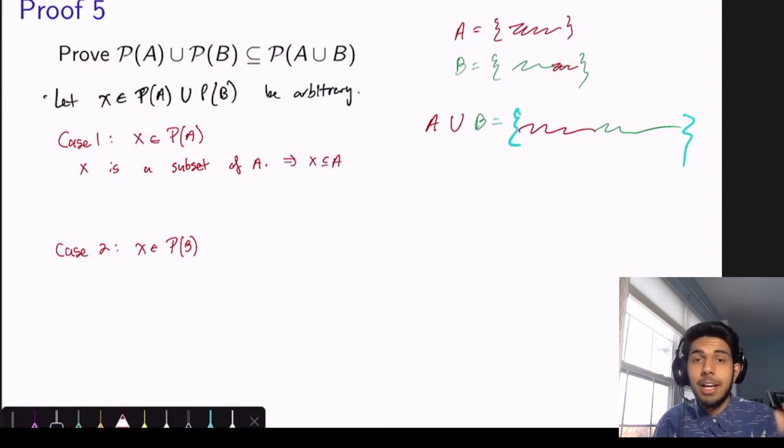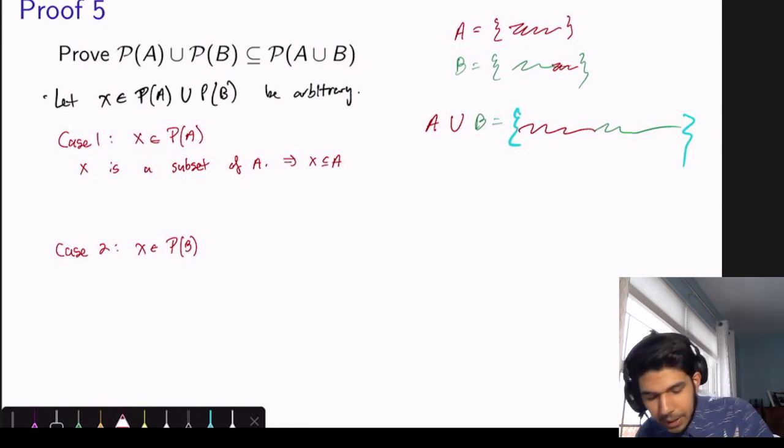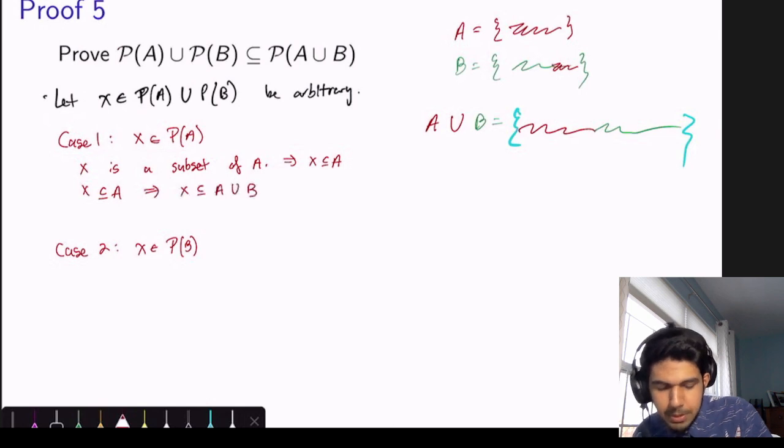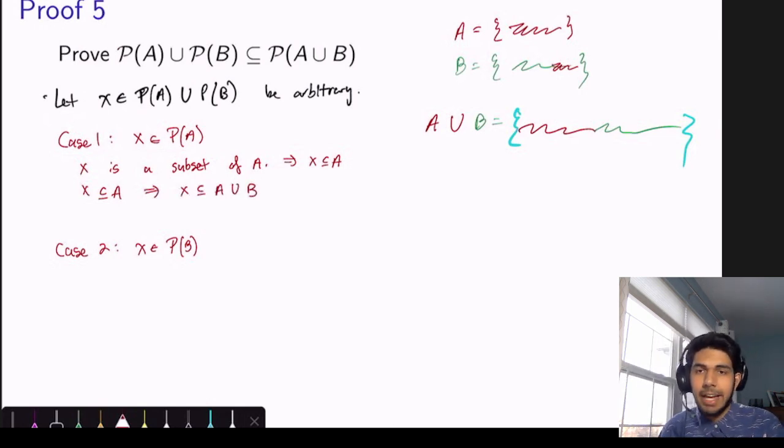So that means every element within X is also an element of A. But I think that implies that X is also a subset of A union B. And the reason for that is because all elements in A are contained within A union B by definition. This red squiggly is contained within here, so each part of this red squiggly is also a part of A union B. So the set X is a subset of this.